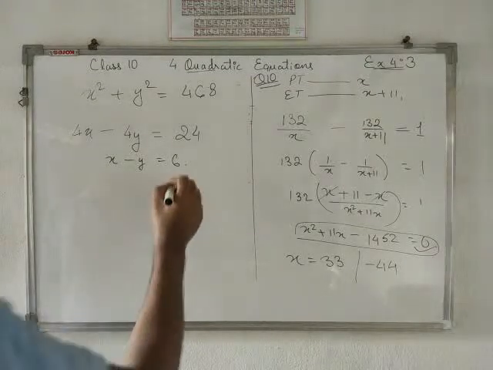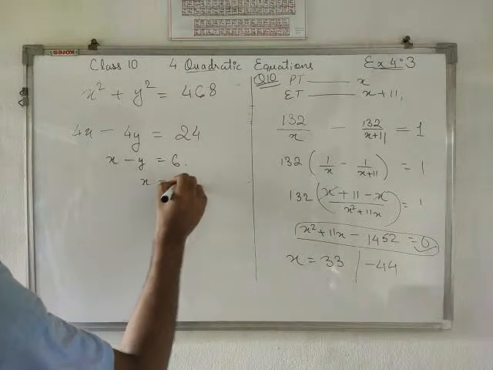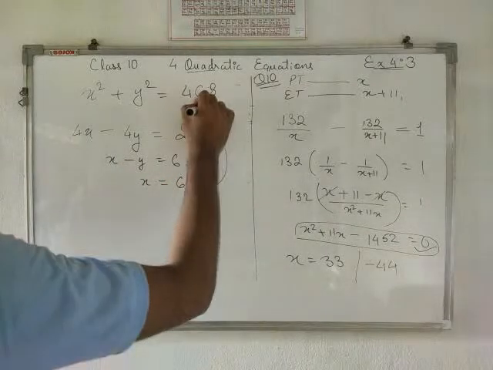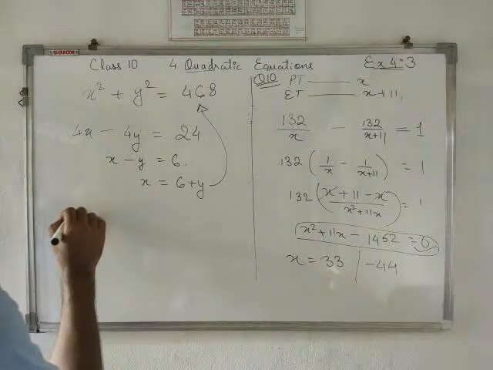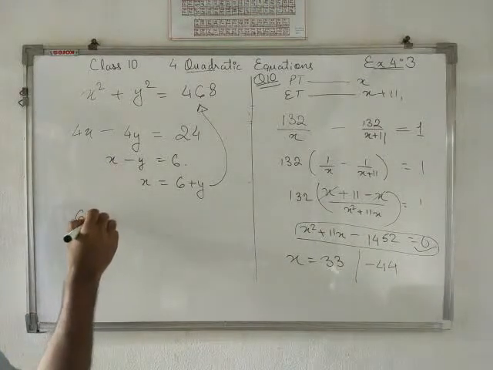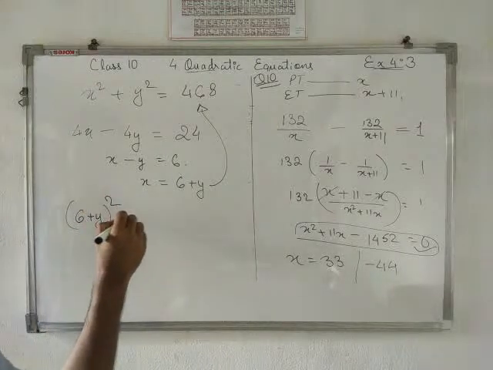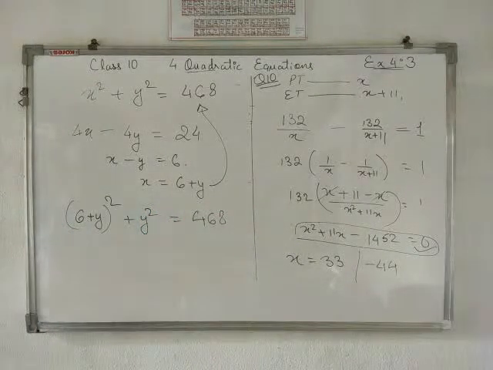Now from the second equation, we will put x equal to 6 plus y in our original first equation, x की जगह पे 6 plus y, whole square plus y square will give you 468.